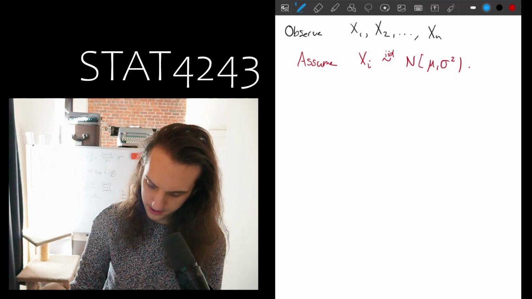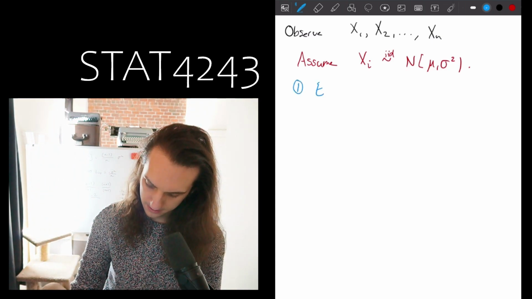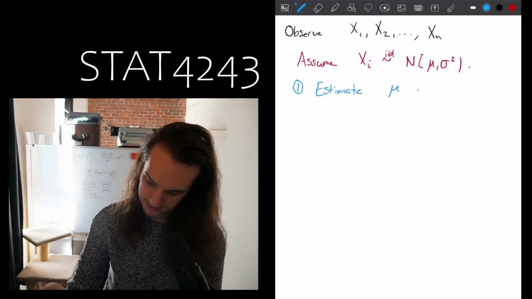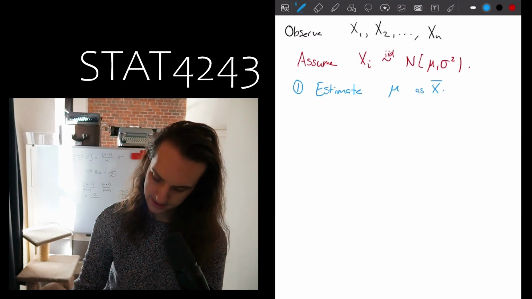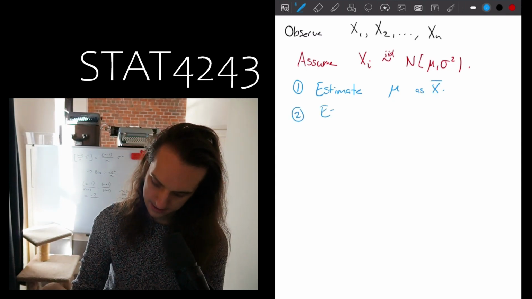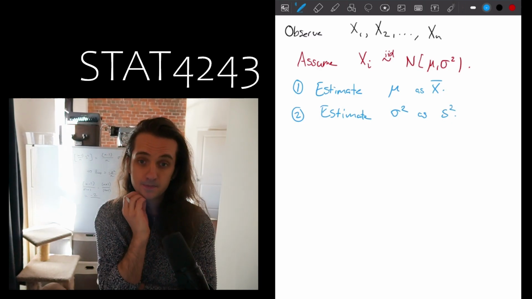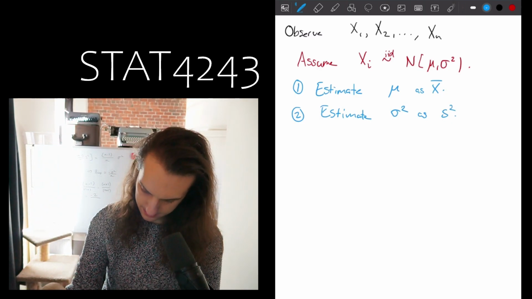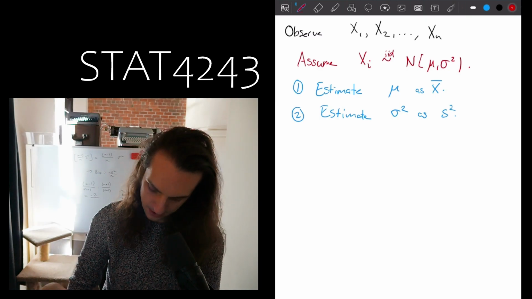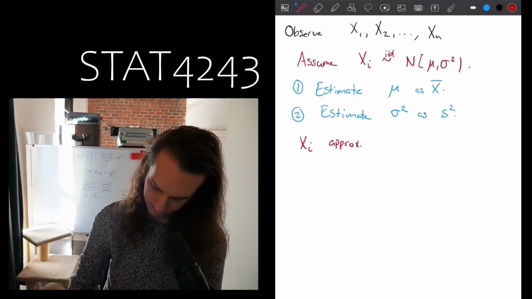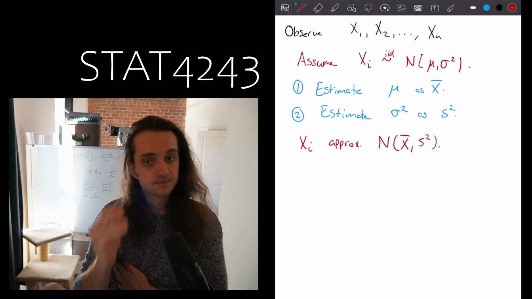Then what we could do is, one, estimate mu as x bar, for instance. Two, estimate sigma squared as, say, s squared, the sample variance estimator. And then what we're saying is that, therefore, the xi are going to be approximately normally distributed with mean x bar and variance s squared.